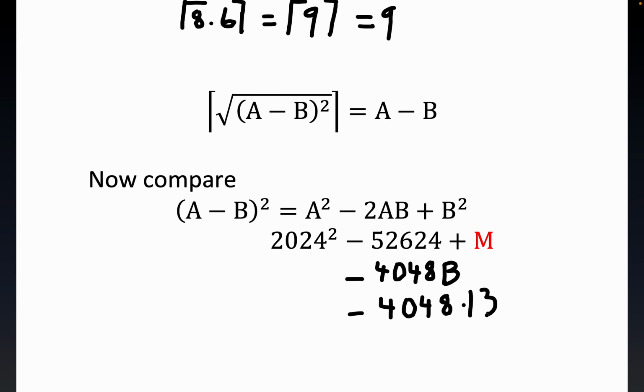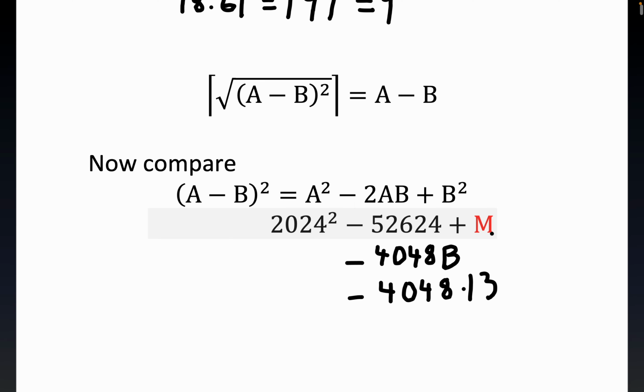But you see, in order for this to work and for us to figure out what our m has to be, this would all be the very same thing as 2024 squared minus this object right here, 4,048 times 13, plus 13 squared.